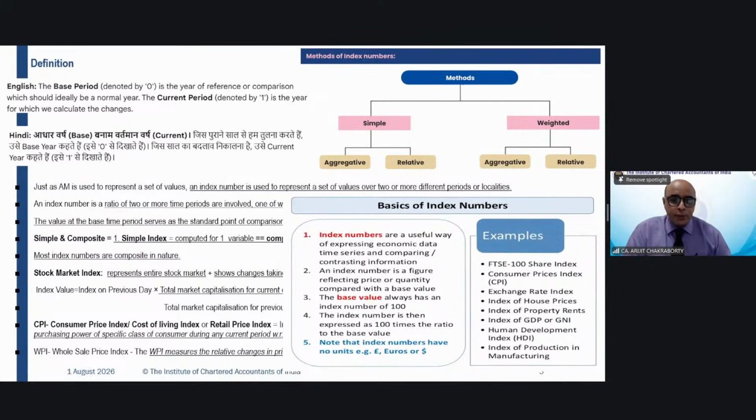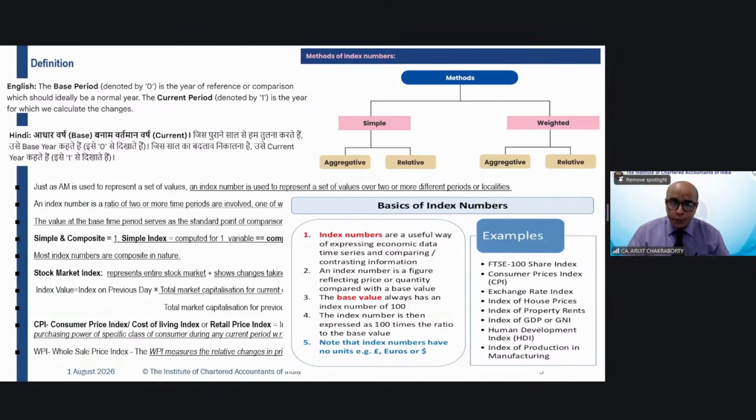So once again, the basics: index numbers can be referred to as the economic barometer. It is a very useful way of expressing economic data, and all index numbers, in a sense, are a figure reflecting the price or the quantity or the value of the current year divided by that of the base year.